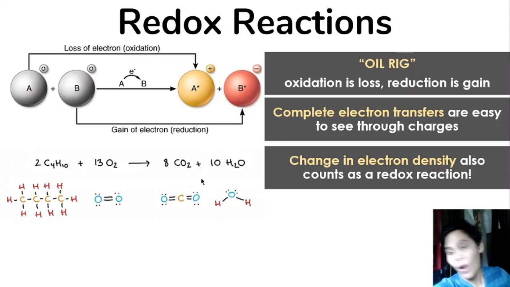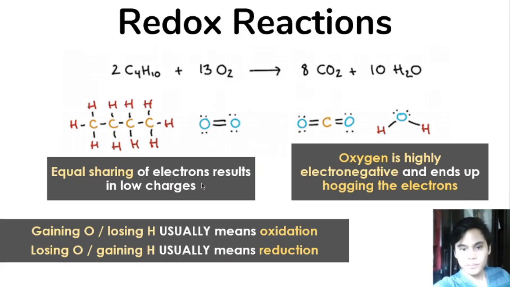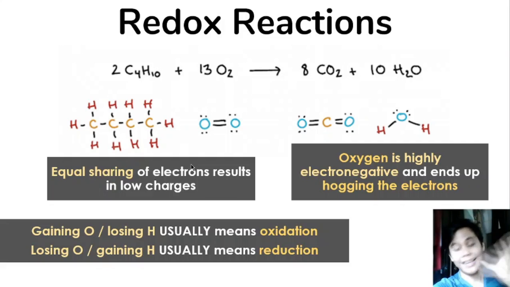Basically, oxygen hogging the electrons, more or less. So your redox reactions can again be a partial transfer of electrons. Instead of an equal sharing of electrons resulting in low electrostatic charges, it can have a rearrangement so that more electronegative atoms like oxygen can end up hogging the electrons themselves.